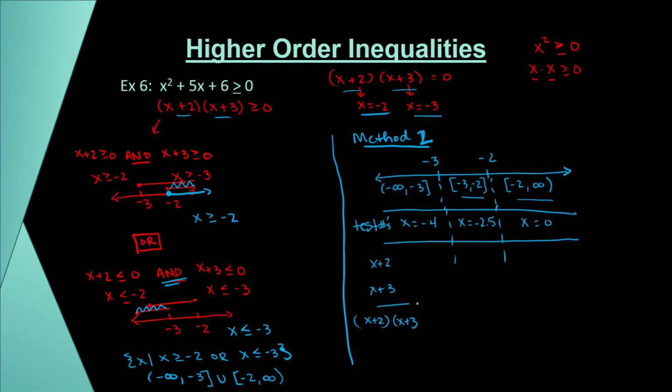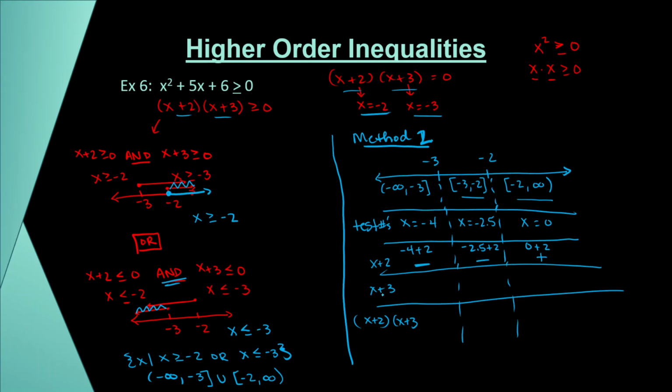And once you get practiced at this, you can jump all the way to testing it in the product. But breaking it out just kind of checks all of our boxes. So if x is negative 4, x plus 2 is going to be negative. If x is negative 2.5, then x plus 2 is also negative. If x is 0, then it's positive.